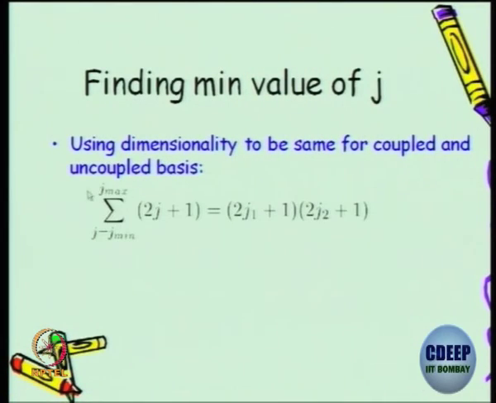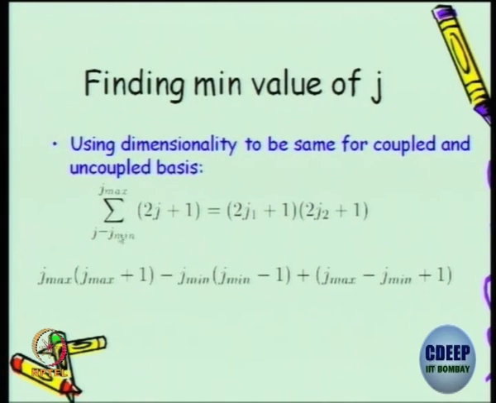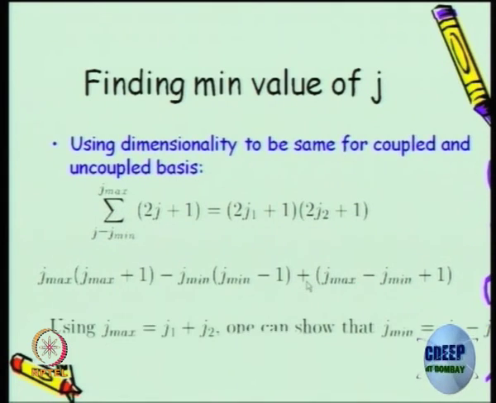Take the J max to be J1 plus J2 and determine J minimum. That's what I said. So if you do this, just a simple summation, what will you get? So you get this to be the left hand side, and that has to be equated with J max to be J1 plus J2. If you equate it to this, then you can show that J minimum is mod of J1 minus J2.